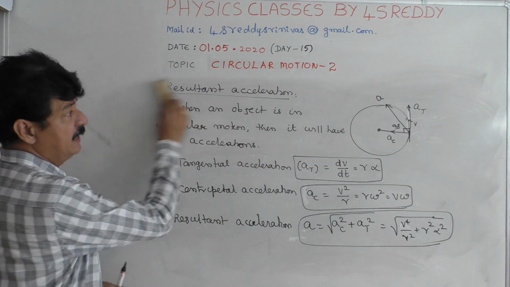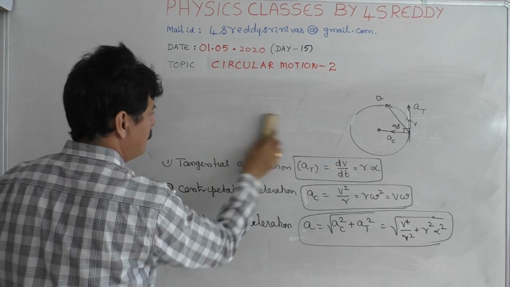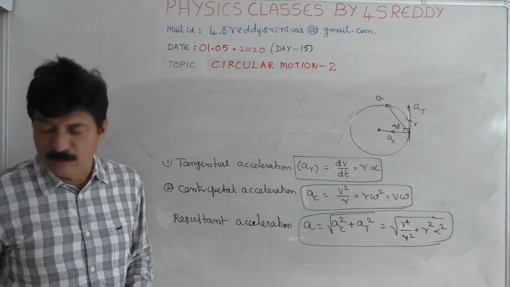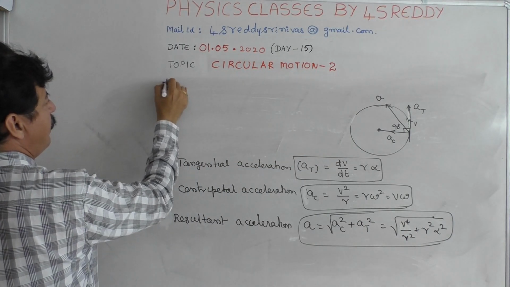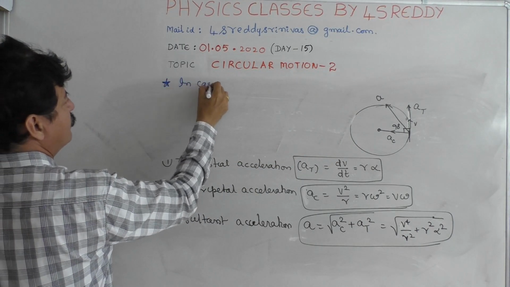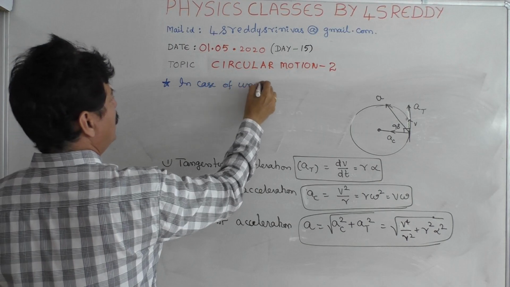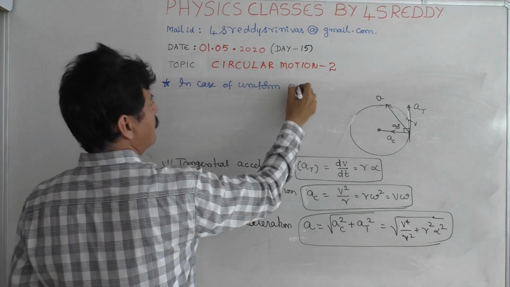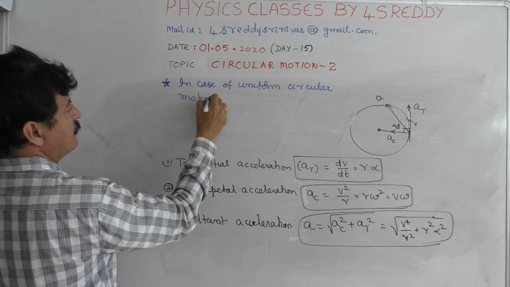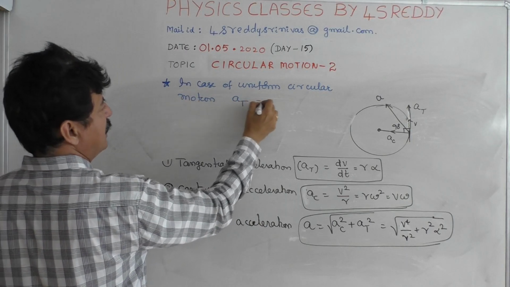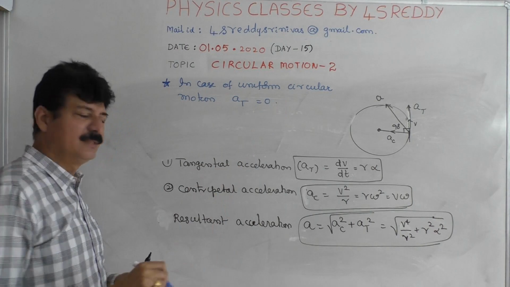And once you have got the idea of this, note that in case of uniform circular motion, tangential acceleration is 0.